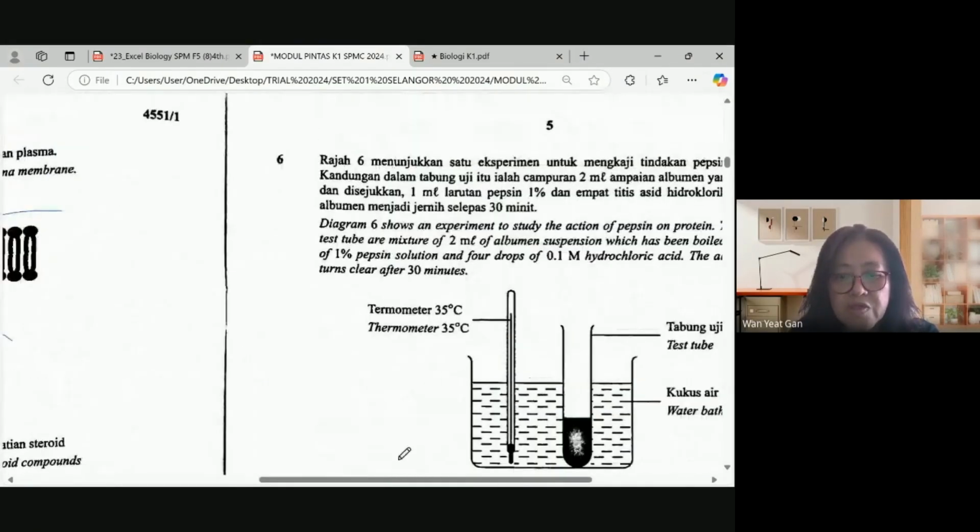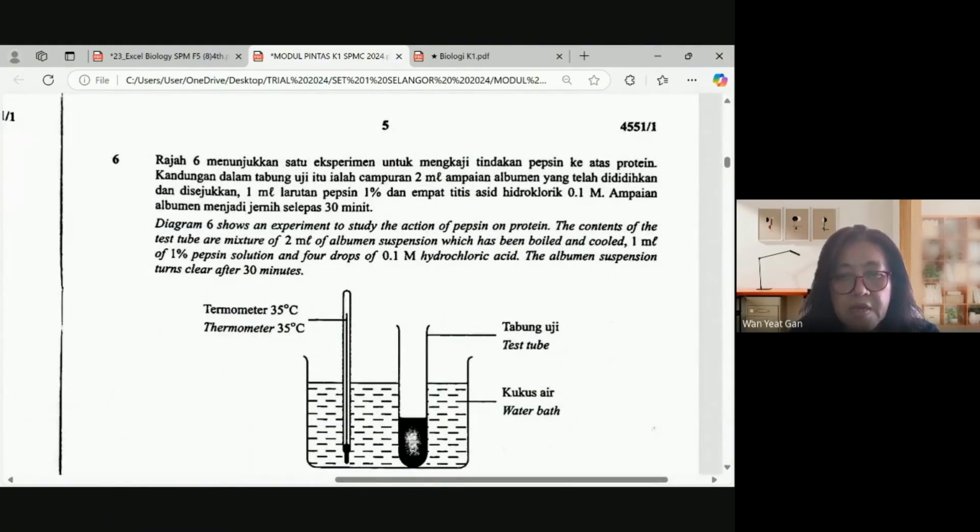Okay, next, question 6. Diagram 6 shows an experiment to study the action of pepsin on protein.